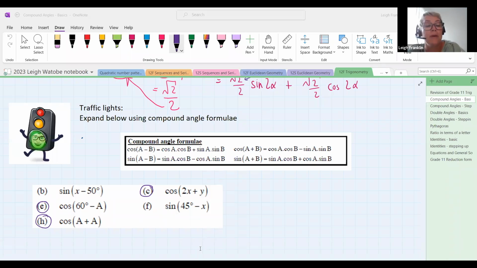Remember, guys, cos does not keep its sign. Sine keeps its sign, but cos does not keep its sign. I see there's a couple of people with hands up. Sitembile, and then Lisa, I'll take your question afterwards. Sitembile, you're welcome to speak.